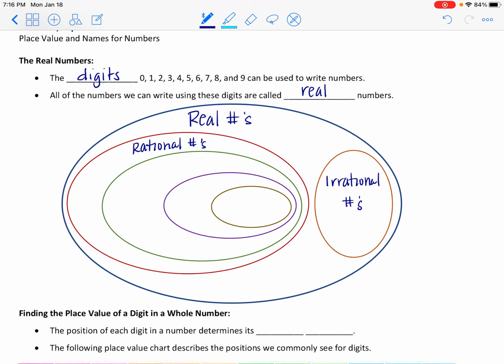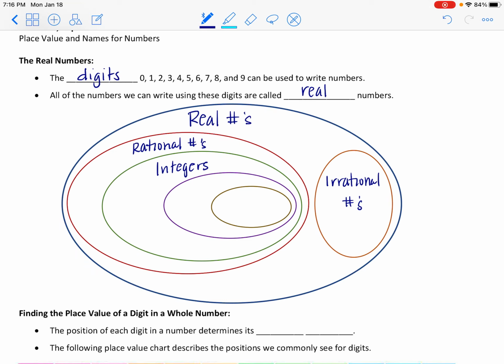Now let's stay in that rational group for a second, the ones that we can actually write as fractions. If we take the fractional piece out, so when we're just looking at positive and negative whole numbers, then we have what we call the integers. Again, these are the rational numbers that we can write as whole numbers, but they're positive and negative.